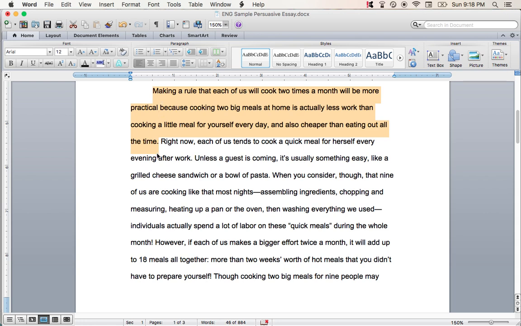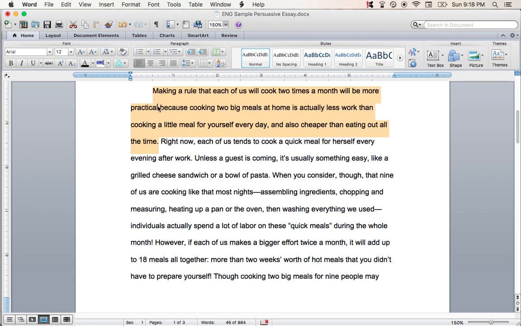So in this one sentence, we're going to get the basic idea of this entire paragraph, okay? If we make this rule, if we make this change, it'll be more practical because making this change is less work and it's also cheaper, right? That's why it's more practical. So that's the main idea of this paragraph. And then the rest of the paragraph is helping to support that idea.